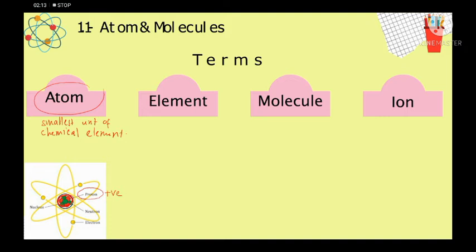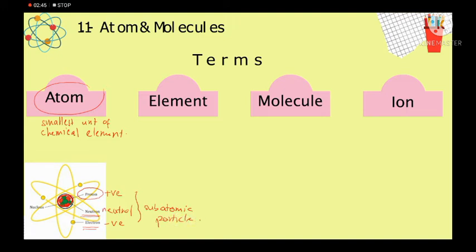Inside the nucleus as well, we have neutron, and the charge for neutron is neutral, no charge. The last one is electron. Electrons circulate around the nucleus on the orbital, and the charge for electron is negative. These three things we call subatomic particles.